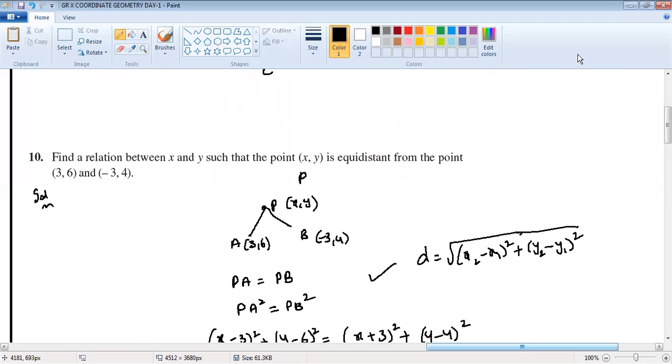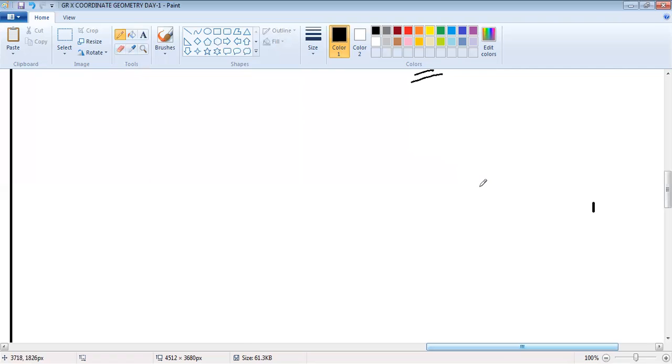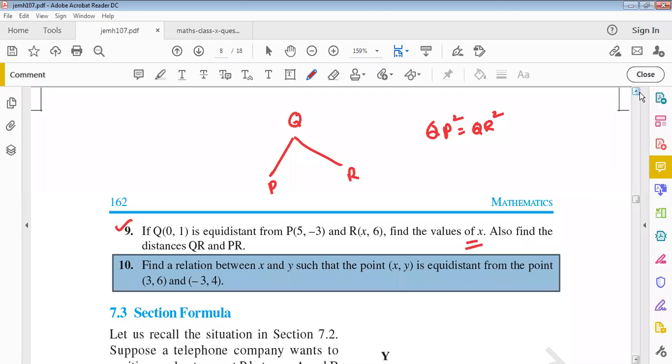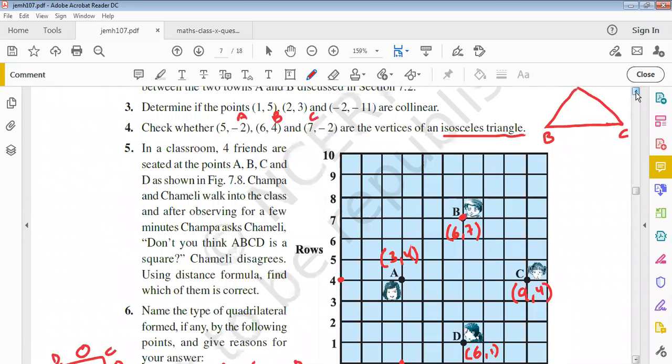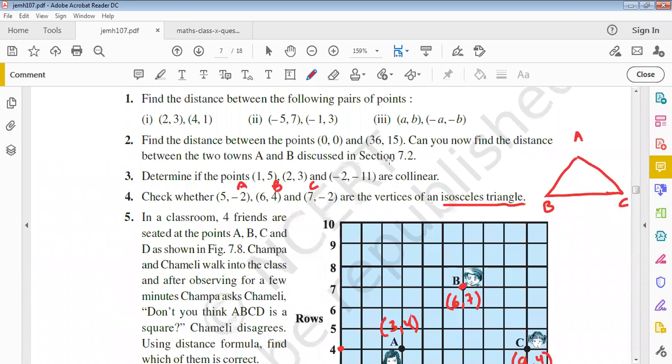Okay. So with this problem, I'm going to wind up today's class. So far, briefly, what we have learned in 9th standard is coordinate geometry. Coordinate geometry was developed by René Descartes, a French mathematician, and on behalf of his name it is called the Cartesian system. We are learning (x, y).